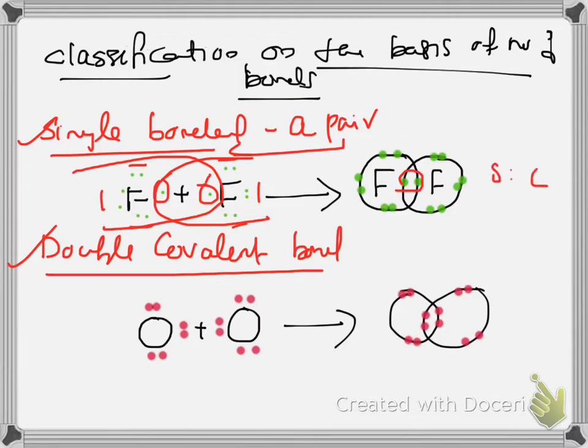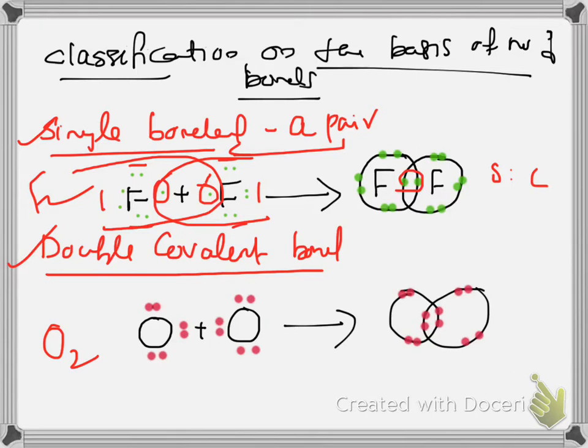But in a double covalent bond, for example O2, here it is F2. In O2, the first oxygen contains 6 electrons in the valence shell, and the second oxygen also contains 6 electrons in the valence shell. That means each oxygen is short of 2 electrons for stability, or to reach the octet.